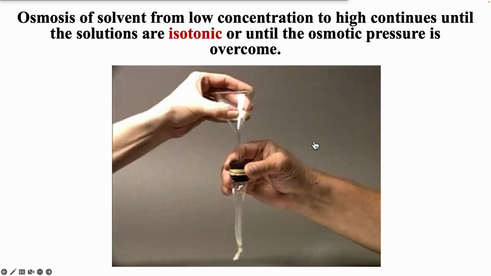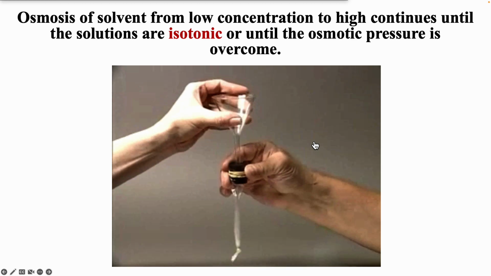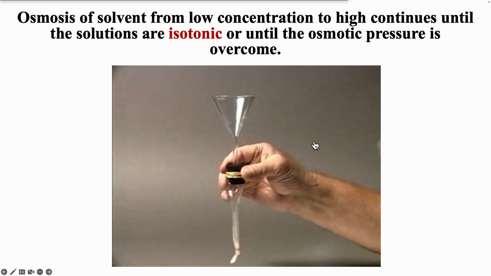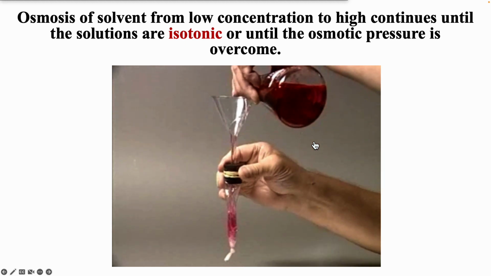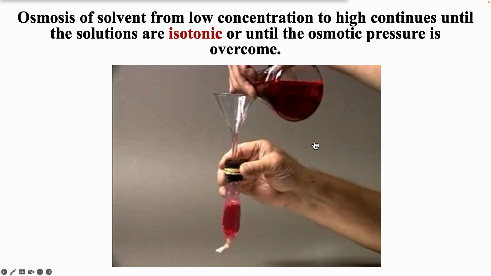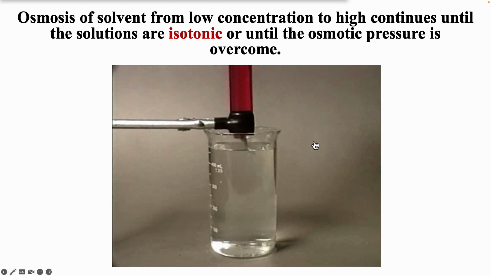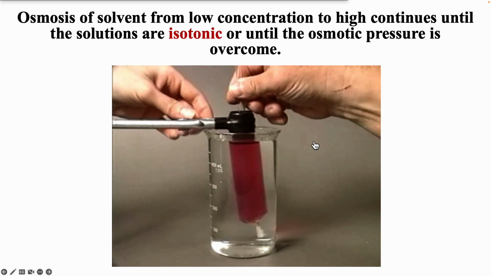An acidic sucrose solution containing methyl red indicator is poured into a semi-permeable dialysis membrane bag. The indicator is red in this acidic solution. The membrane bag is immersed in a neutral solution.